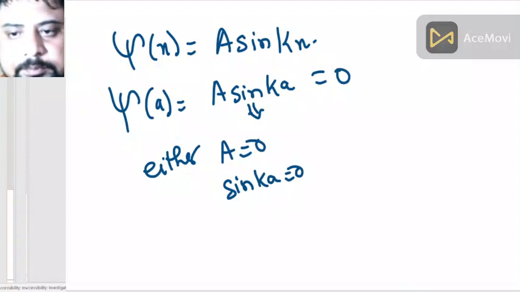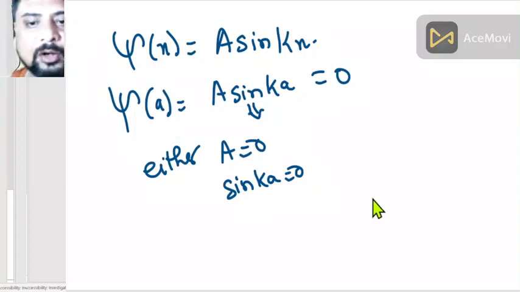Now this equation will be 0 when either A is 0 or sin ka is 0. Now, which one is applicable? If A is equal to 0, we again get a non-normalizable solution, psi x equal to 0. This is a contradiction with the situation.